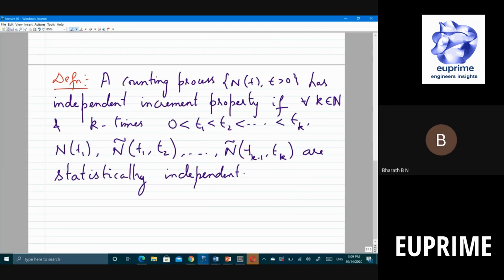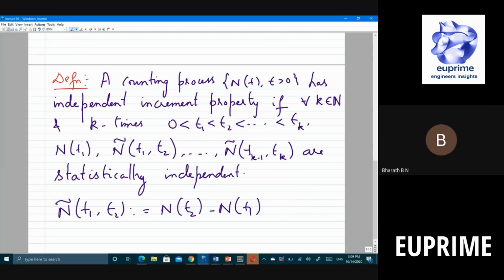Sir, the tuple that we agree on, N t1, t2 up to tk minus 1, tk, has to be the immediate intervals, like t1, t2. It cannot be t1, t3 or something like that. No, if there is an overlap, then it need not be independent, right?